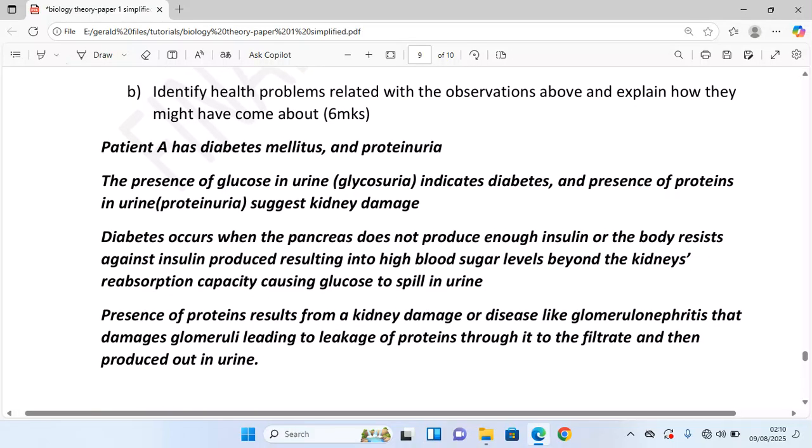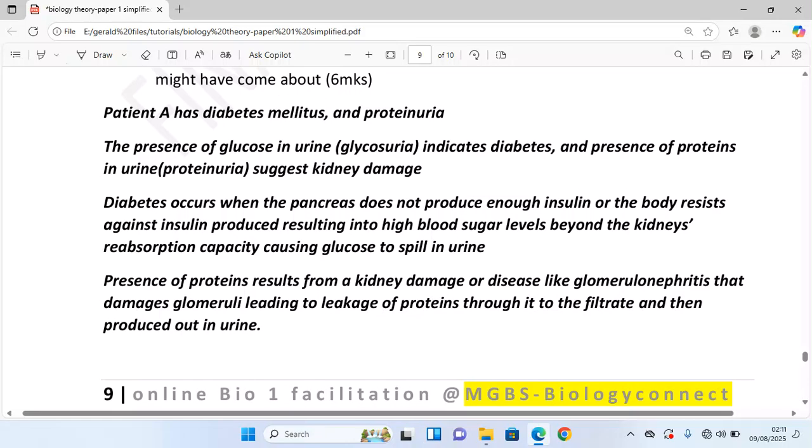Then identify the health problems related with observations above and how they might have come about. In simple terms, we are looking at the health conditions and their causes. And when you look at that, we have conditions related with presence of glucose in urine, that is diabetes mellitus.